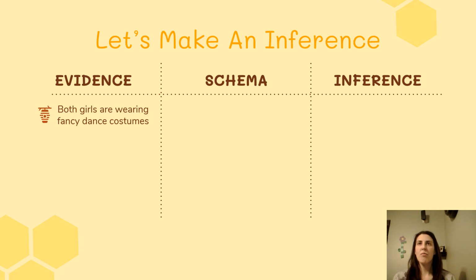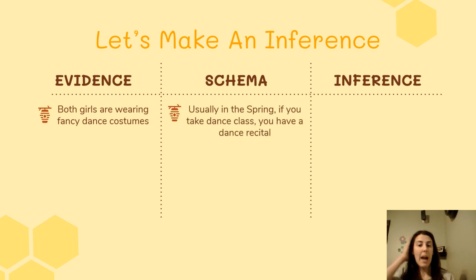And do you know anything about dance? I know, because Mariana takes dance, that in the spring, usually they have a dance recital to show off all of the things that they've learned all year. So that's what's in my schema, that they have a dance recital. Do you guys know anything else about dance?